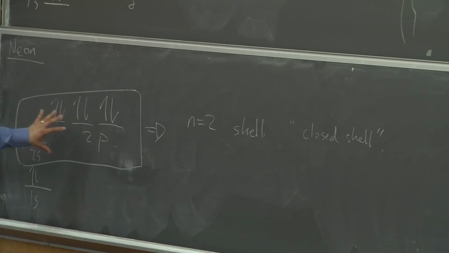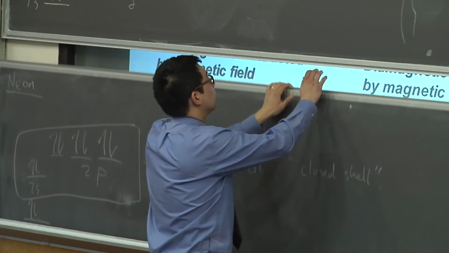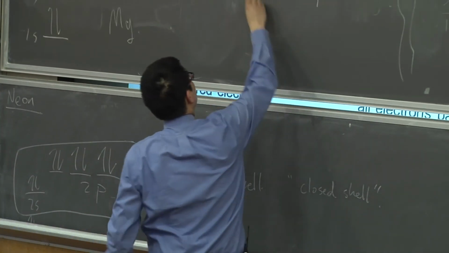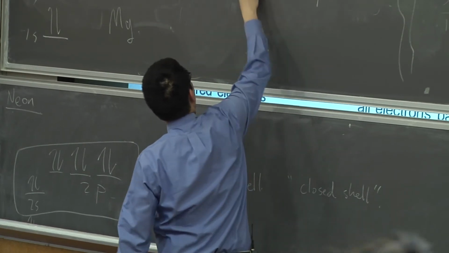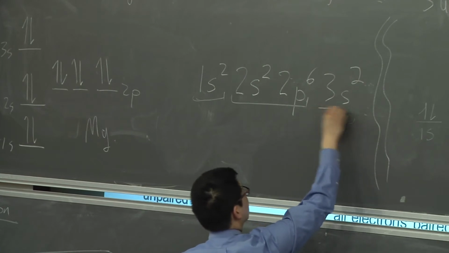And so one way that these electron configurations are often abbreviated is to say, in the case of magnesium here, well, we have, right, the closed 1 shell, closed 2 shell. Right? This shell is not closed.